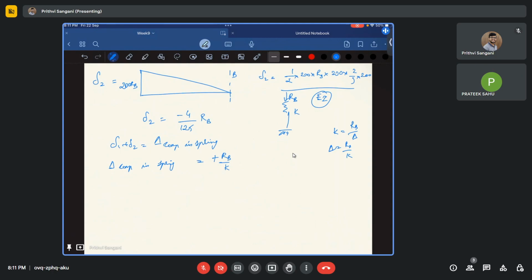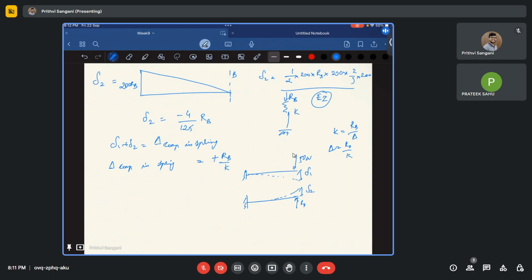Anyways, whether it is plus or minus, you should always try to understand how you are going to take. For example, this 50 newton force is going to make the beam bend in the downwards direction. So this is my delta 1. And if this is my reaction RB, this is going to bend my beam upwards.